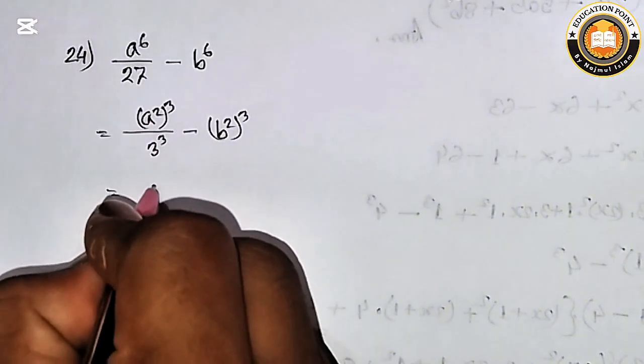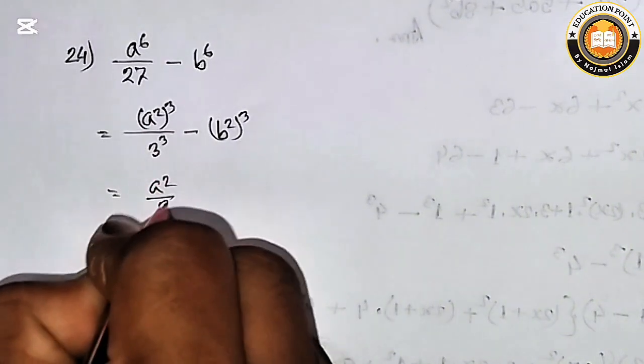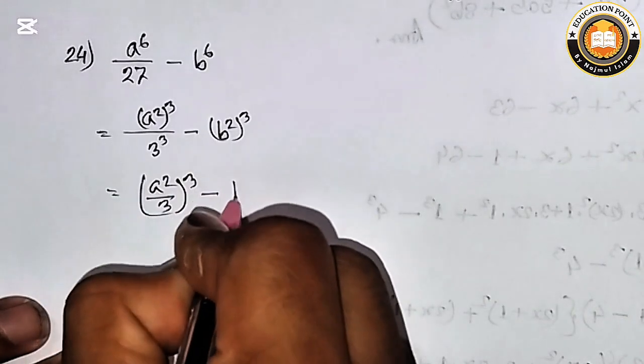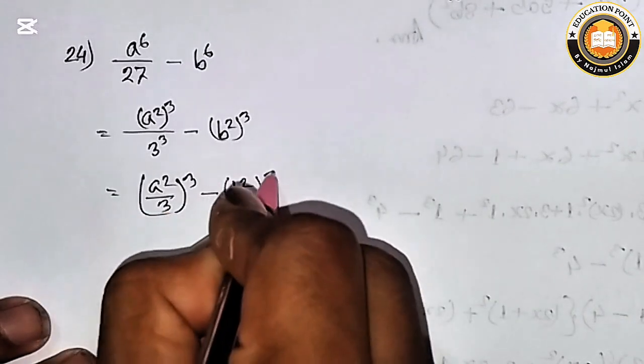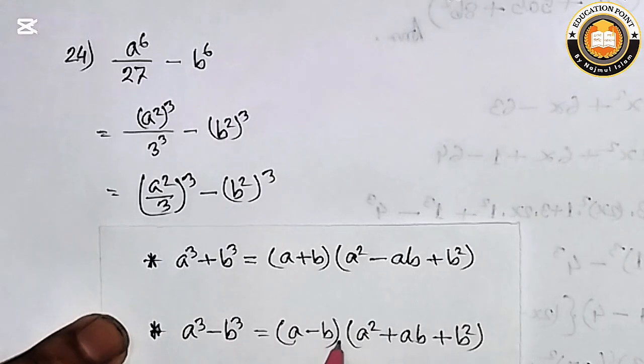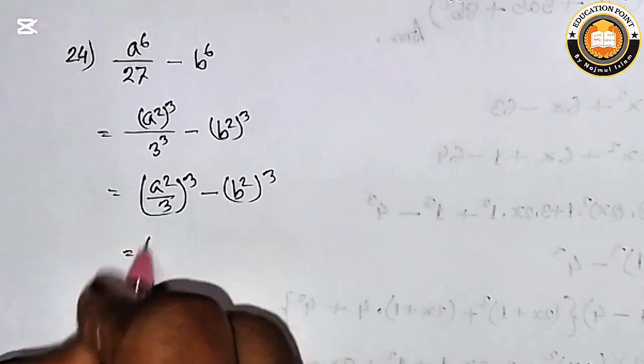Here we can write a square by 3 whole cube minus b square whole cube. Here we will apply formula of a cube minus b cube, that means a minus b into a square plus ab plus b square.